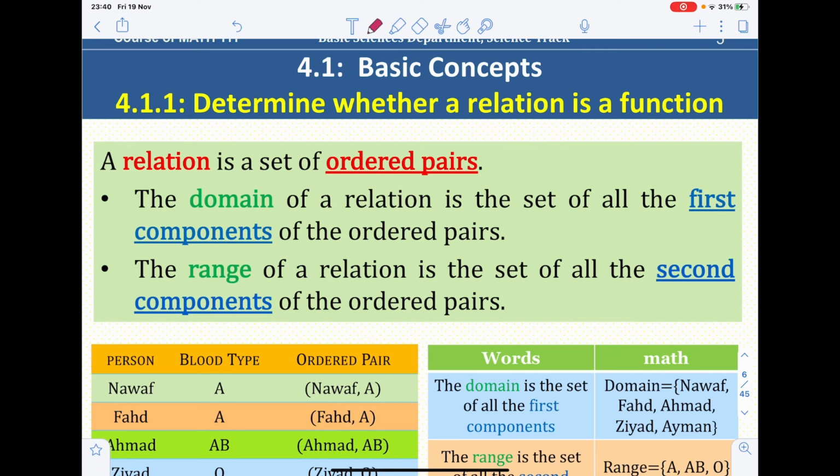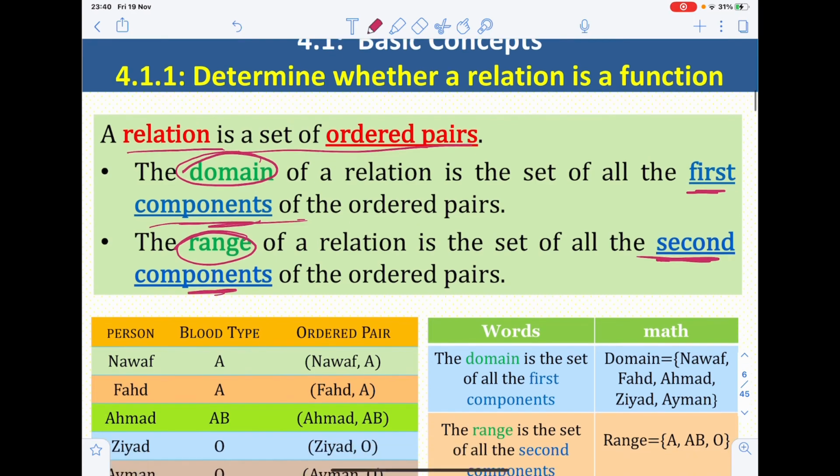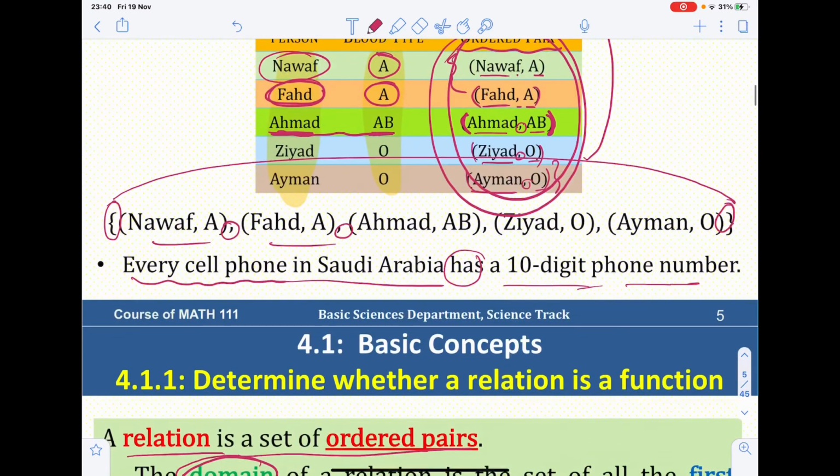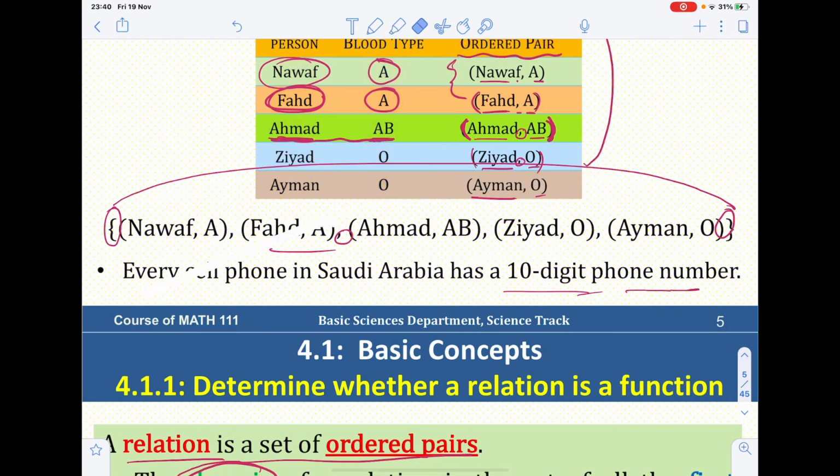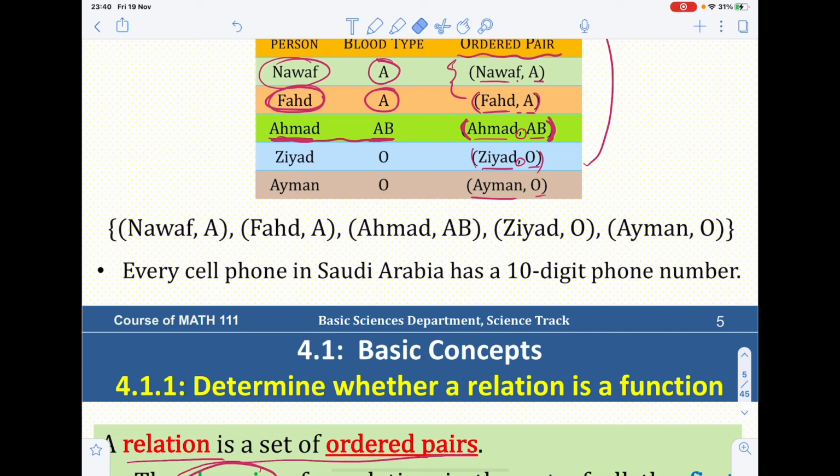So the relation, as we said, is the ordered pairs, and the domain of that relation is the first component of the ordered pairs, while the range is the second component of the ordered pairs. Now let's take this relation that we already talked about, and I want to find what is the domain.